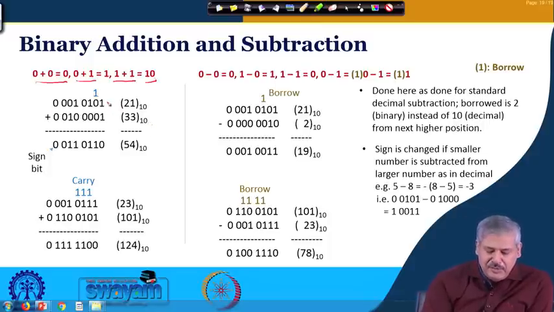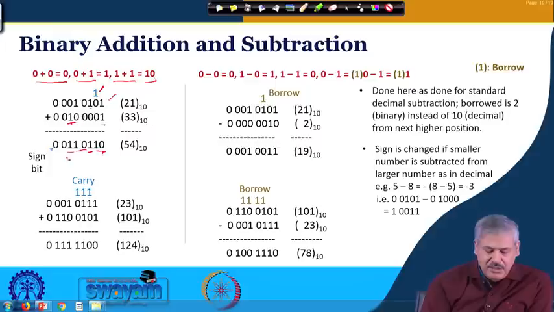21 we represent in this manner: 16, 4 and 1. These are the places where the ones are. 33 is 32, that is 2 to the power 5, and 1, so 33. When you add them up, 1 plus 1 is 1 0, so the 0 comes here and 1 is the carry. Then 1 plus 0 is 1 here, then 0 here, and this is 1 and this is 1.